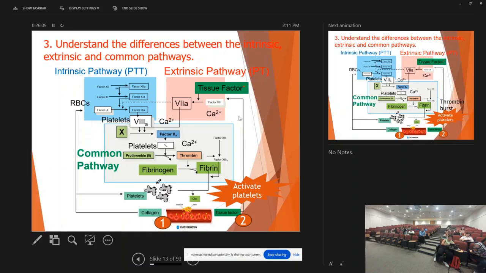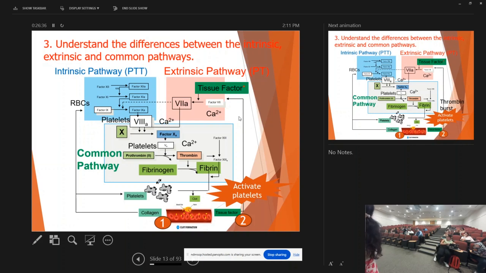Once this gets activated into thrombin, this also needs calcium and vitamin K, as we know. Keep in mind all the factors, 2, 7, 9, 10. Wherever you see 2, 7, 9, 10, they need vitamin K to get activated, and calcium is also important for that activation to happen.